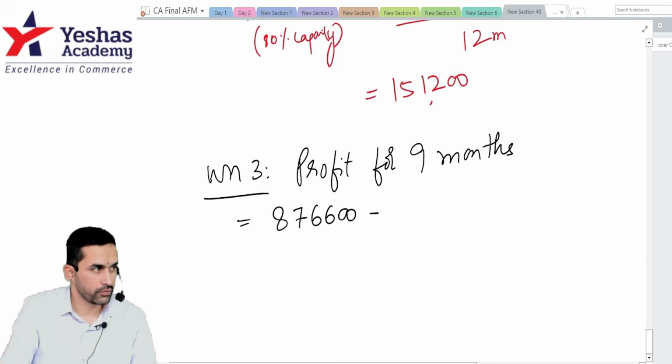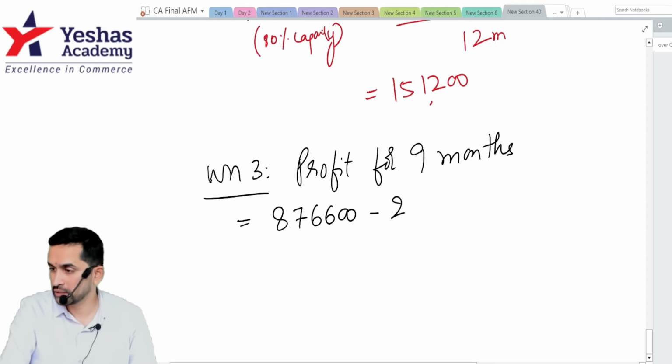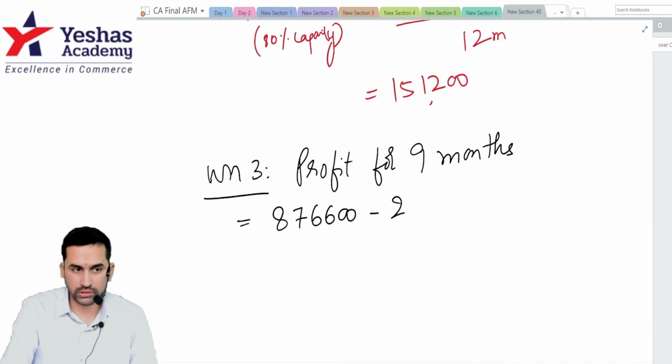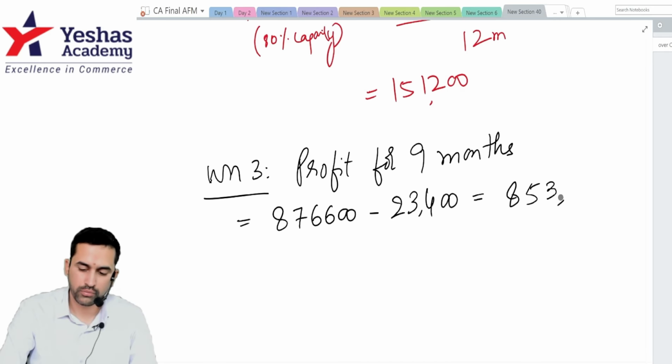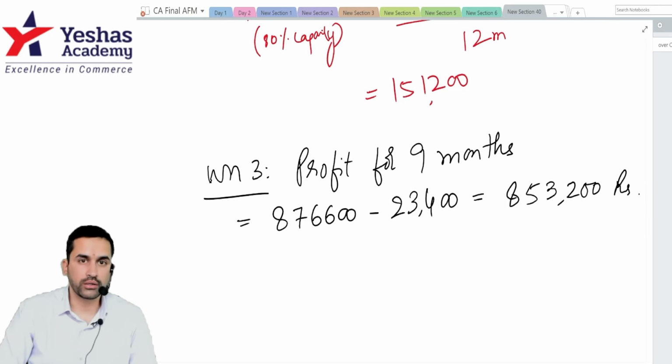Out of that, first 3 months itself, we will make the number 23,400. Then balance we should achieve in 9 months. Like 853,200, the number.